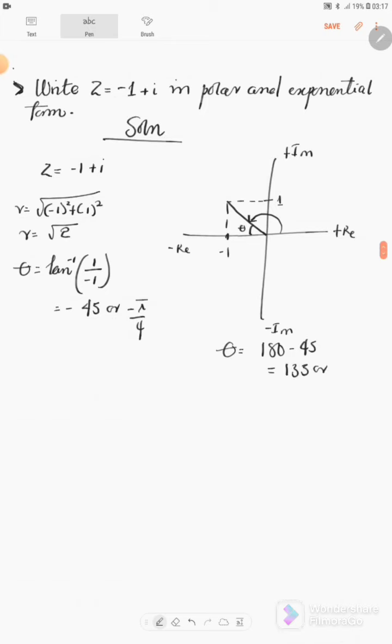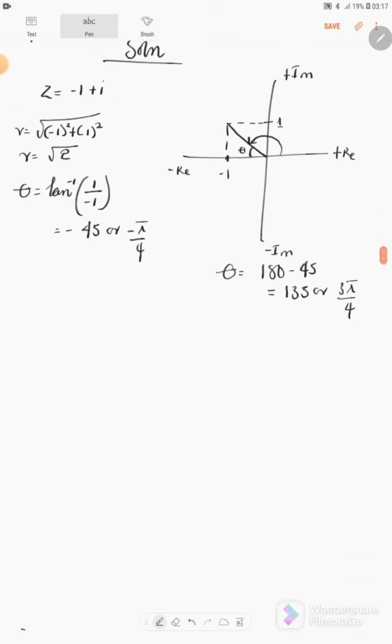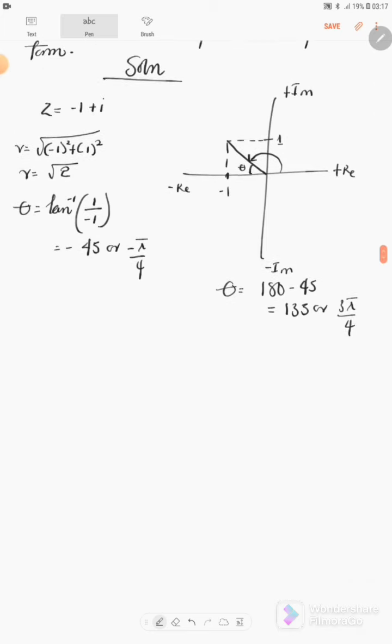Or taking this to radian, that's 135 times pi over 180, which gives us 3 pi over 4. Simple as that.